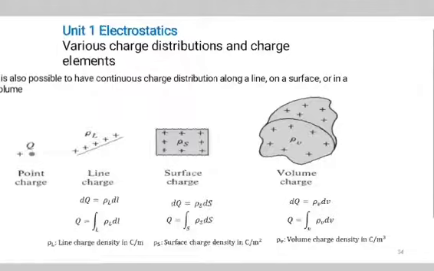If ds tends to 0, then the charge on it is equivalent to a point charge, and the field by the point charge is dE equal to dq by 4 pi epsilon 0 r square. So dq is equal to rho s ds. If we take integration on both sides, then the equation becomes Q is equal to integration of rho s ds.